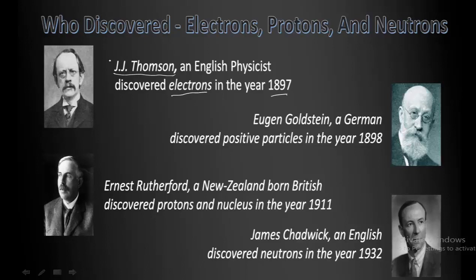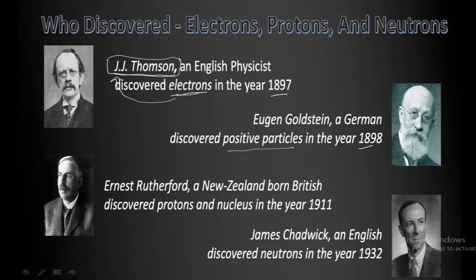Just remember the name of the fundamental particle and the discoverer of that particle. And Eugen Goldstein discovered the positive particles in the year 1898. So Goldstein discovered the positive particles which are present in the atom.